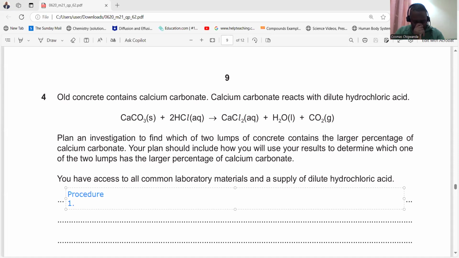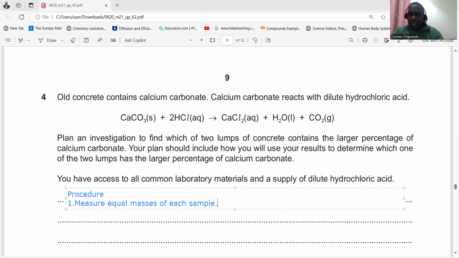So you have number 1. You can say measure equal masses of each sample. Measure equal masses of each sample. Remember, this is a comparative approach, so you want to compare. So masses should not be a variable which is going to disturb our comparison.